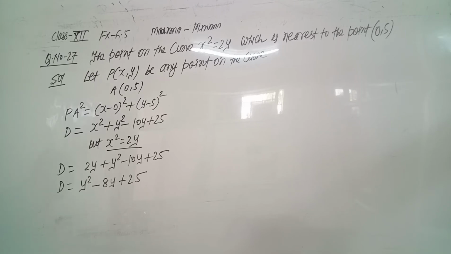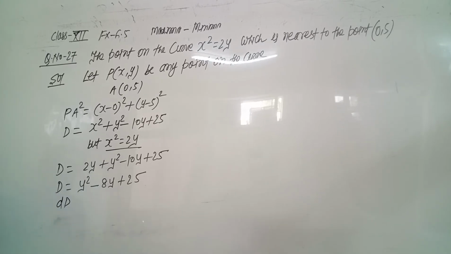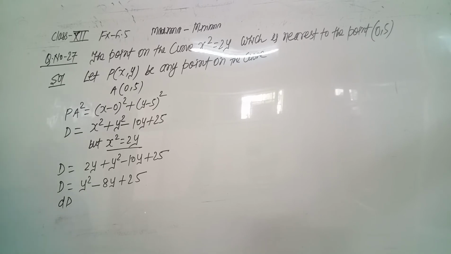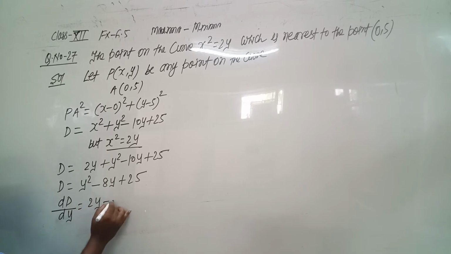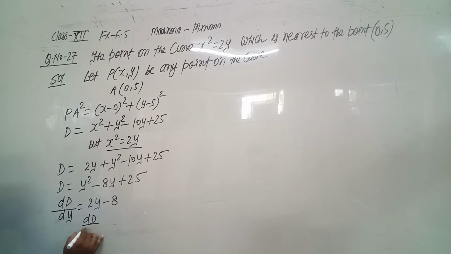Now we will differentiate with respect to y. For maxima or minima, since nearest point means we have to prove the minimum value, dd upon dy equals 2y minus 8, and make it equal to 0.